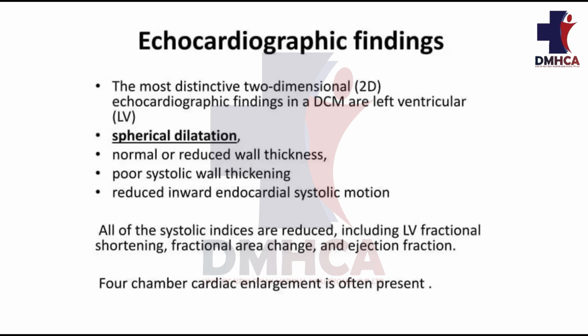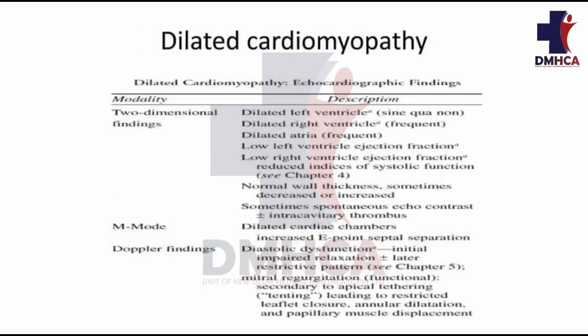There is poor systolic wall thickening and reduced inward myocardial motion. All the systolic indices are reduced, including LV fractional shortening, fractional area change, and ejection fraction. All these things are reduced, and all four chambers, as I have told, are dilated.